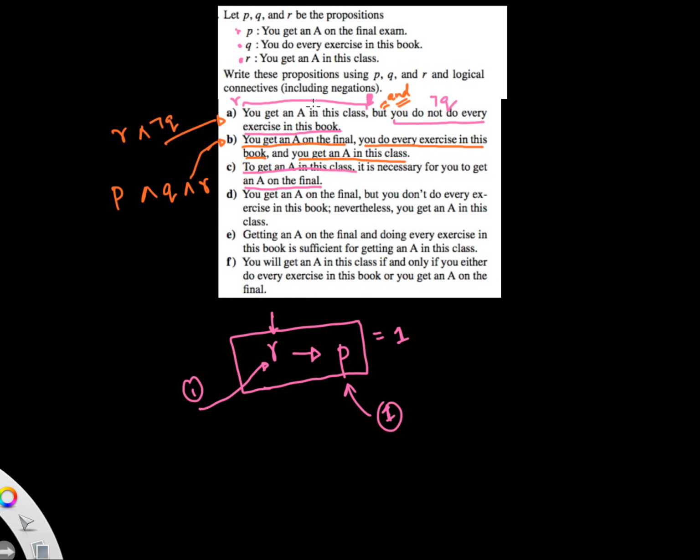All right. Let's look at part D here. Part D is you get an A on the final, but you don't do every exercise in this book. Nevertheless, you get an A in this class.